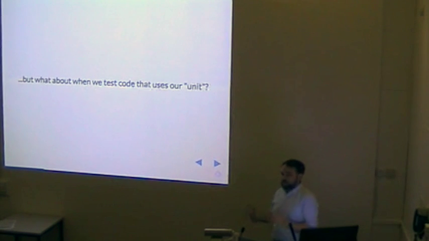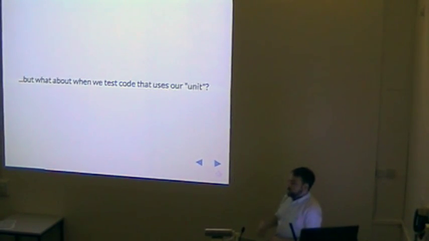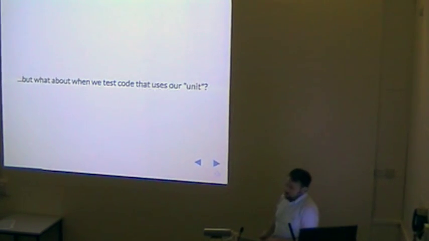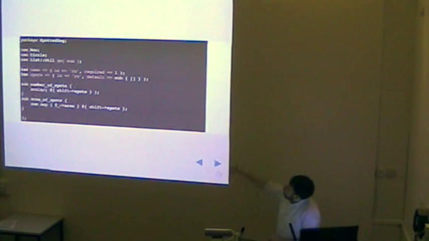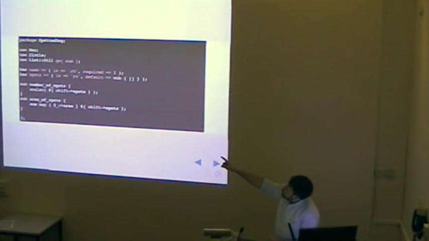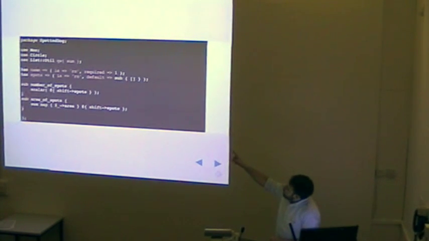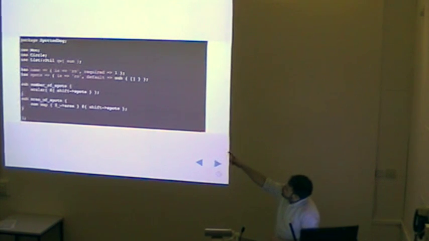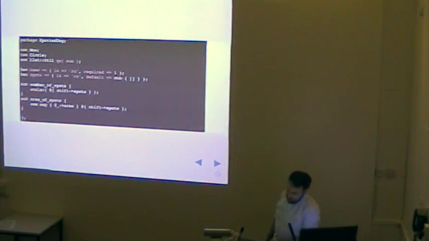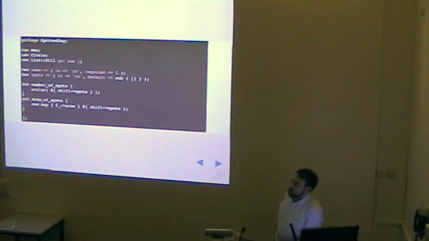The issue comes when we're testing code which is using our unit. When we're testing a unit in isolation, it's very easy to just test the inputs and outputs. But as soon as you start having dependencies, and here we've got another trivial example, a dog class, and the spots on the dog are going to be defined as circles.